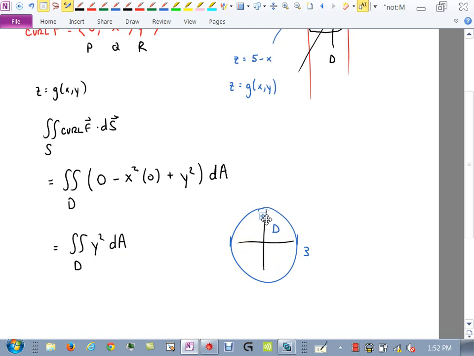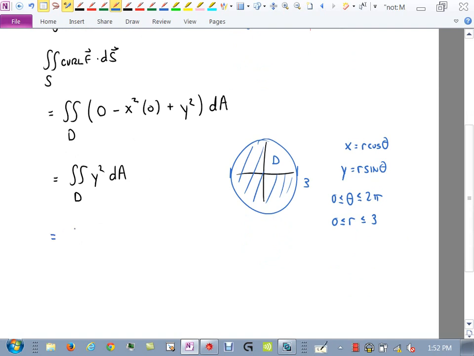So let me figure out how I can switch this region over to polar. My x's are going to be r cosine theta, my y's are going to be r sine theta. My theta is going to be between 0 and 2 pi, and my r is going to be between 0 and 3.